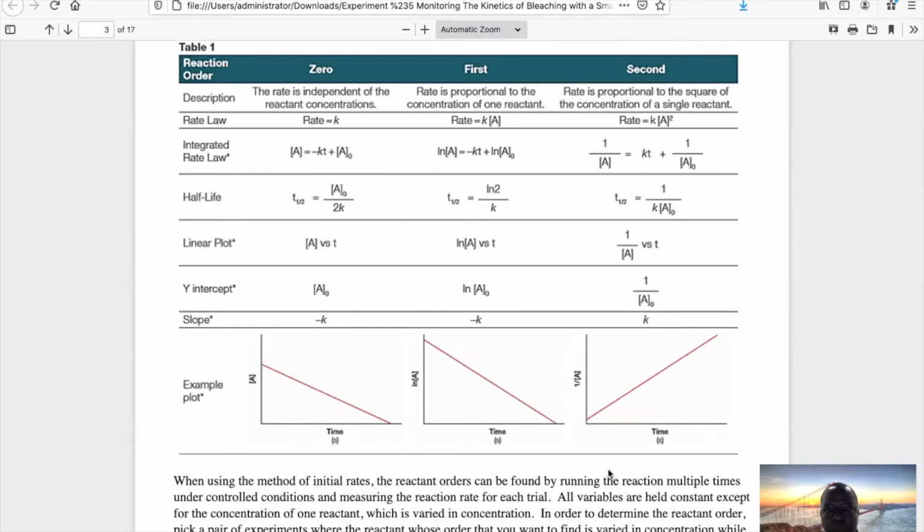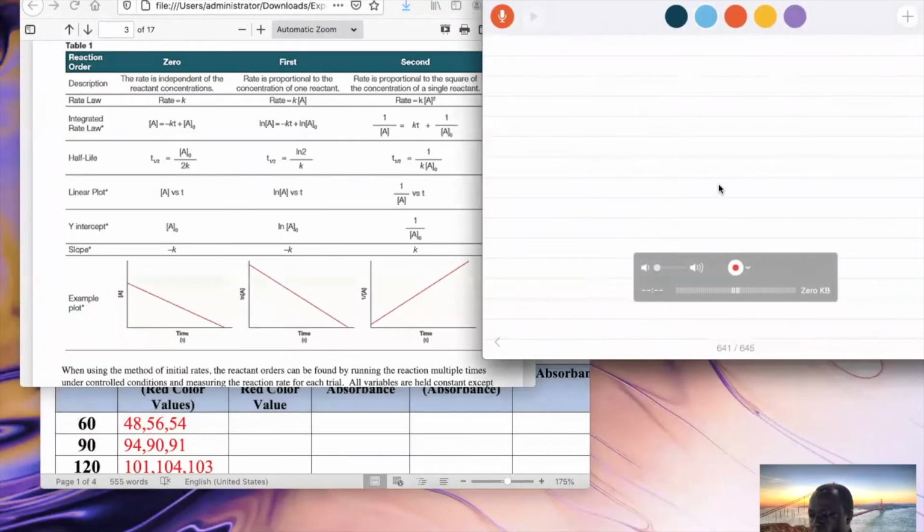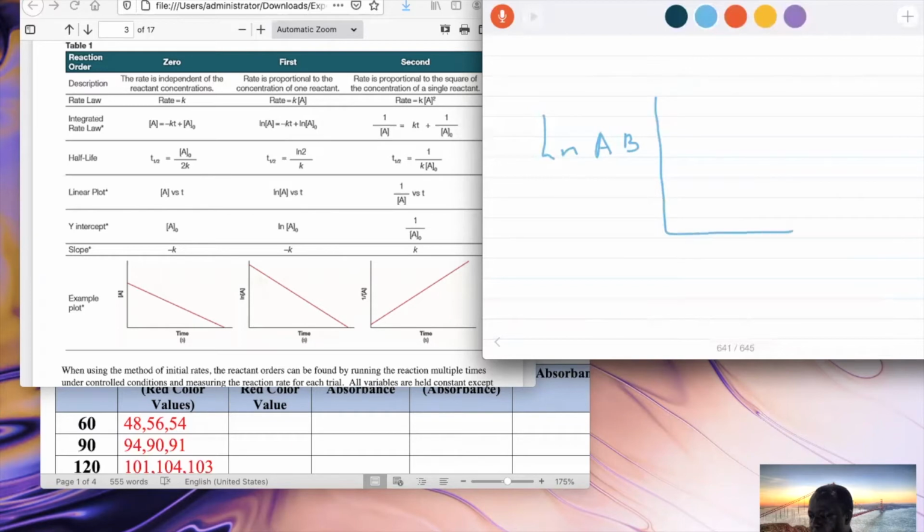So there will be two graphs you will generate: natural log of absorbance, not concentration, APS, versus time on the y-axis, and the reciprocal of APS absorbance.